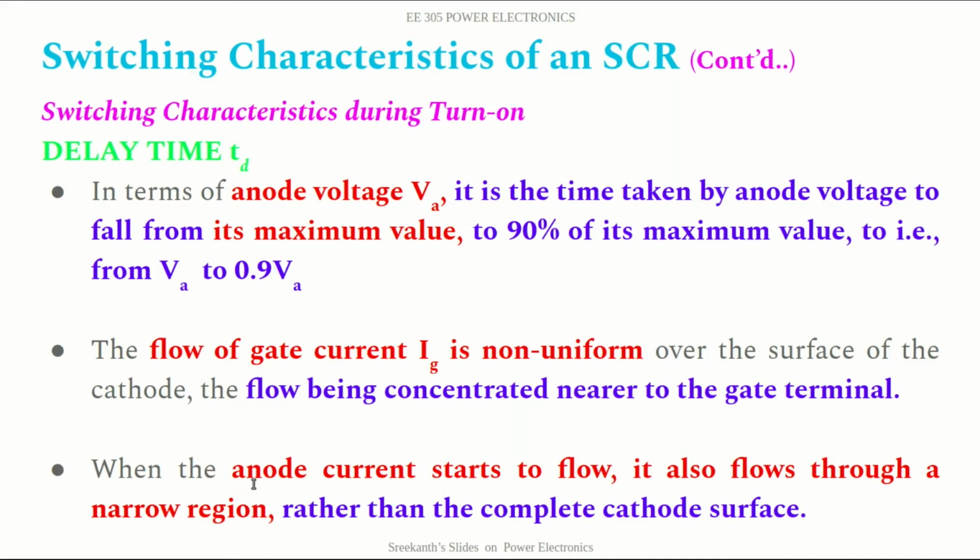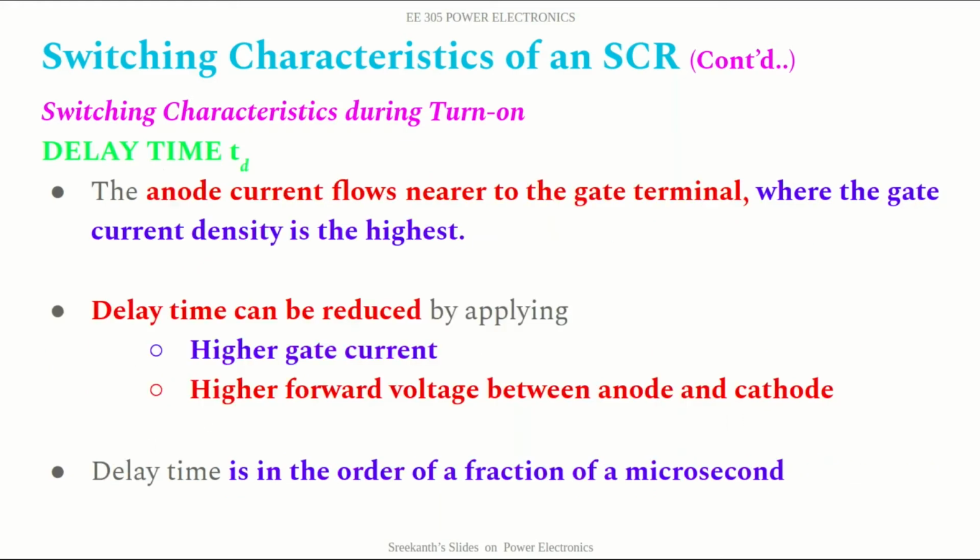Now when the anode current starts to flow, from forward leakage current to 0.1 Ia, it also flows through a narrow region rather than the complete cathode surface.